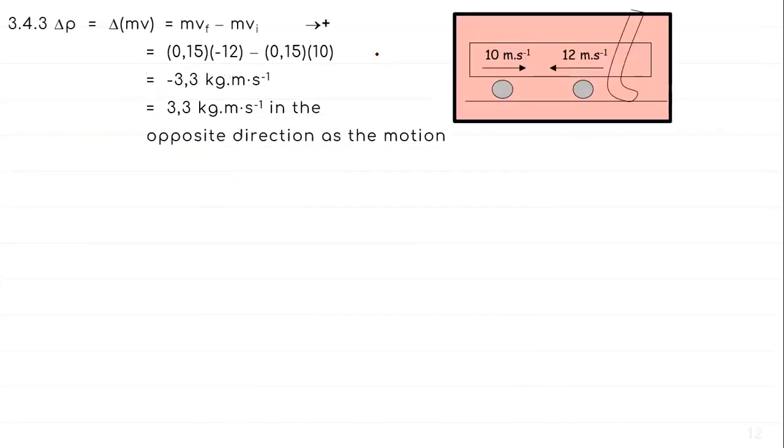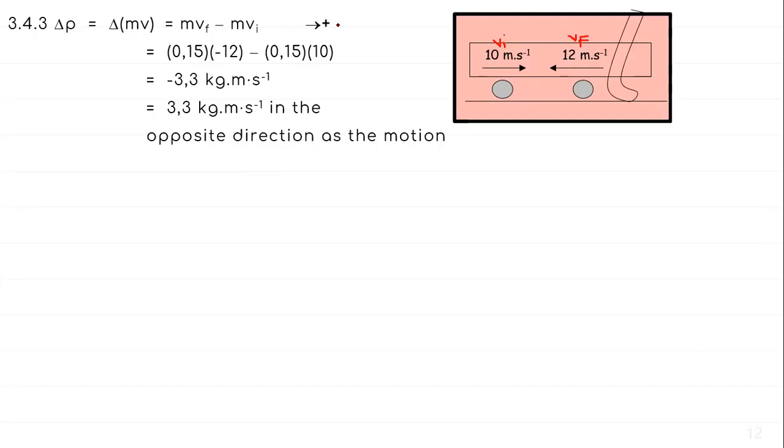So in a diagram, this is essentially what is happening. There's the object, it was moving at 10 meters per second towards her, which is the initial velocity. Then with the hockey stick, she hit it and it came back. It went back to the direction where it came from, which means the opposite direction at 12 meters per second.